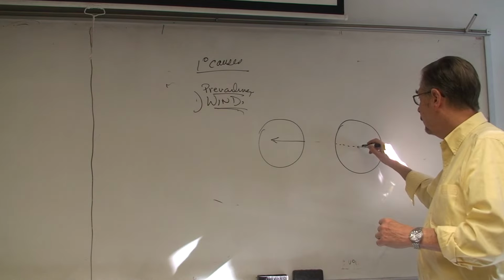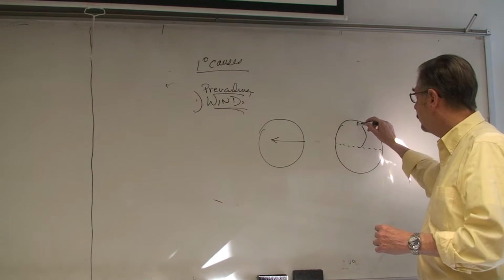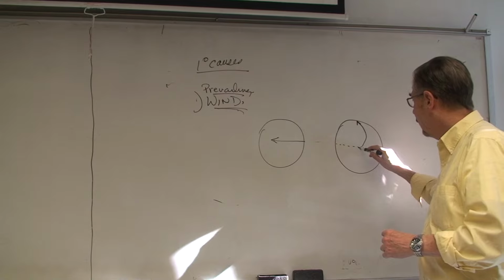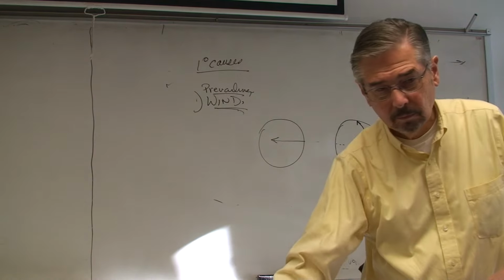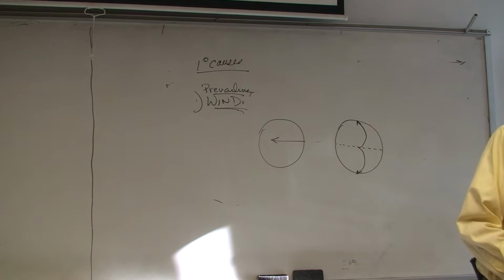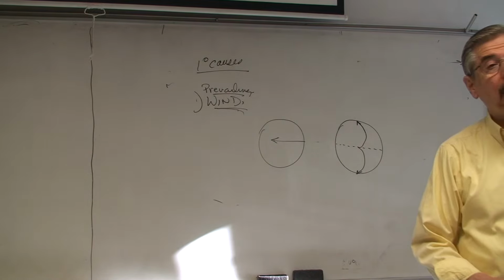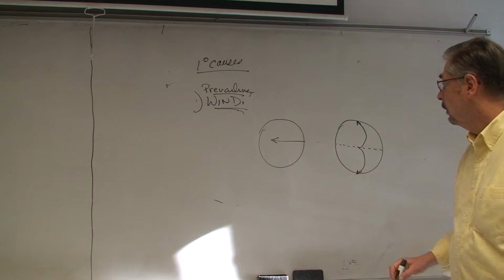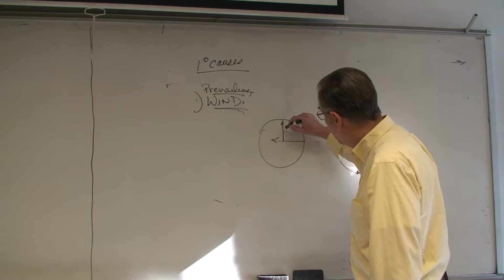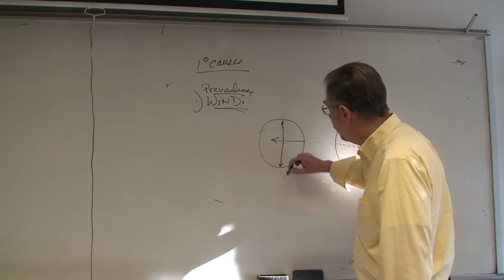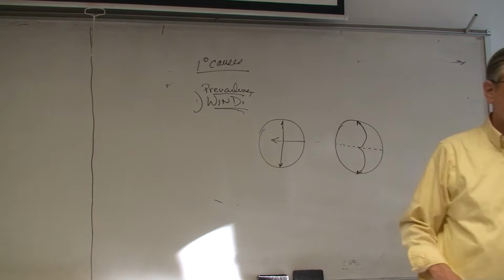The air goes up and then it sinks down at the North Pole and it sinks down at the South Pole. So here is another component of the wind. Basically, the wind is moving this way and the wind is moving this way, from the equator to the poles.